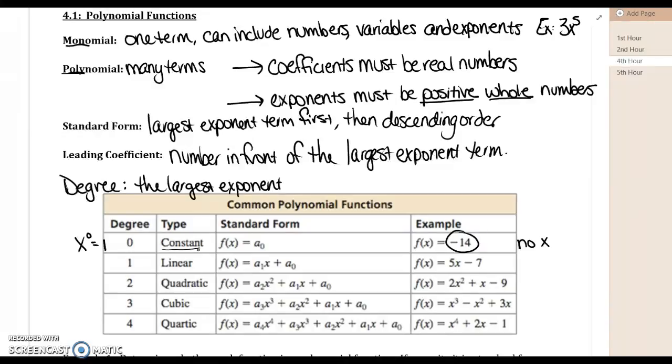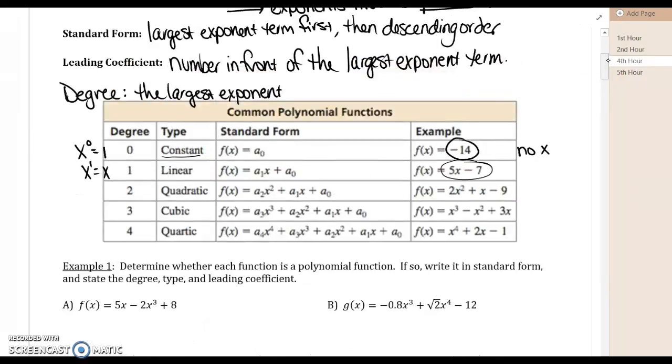A first-degree polynomial has x to the first, which is plain ordinary x. So 5x minus 7 is an example of a first-degree polynomial that is a linear polynomial. A second-degree polynomial. 2 means that there are 2 factors of x in here.